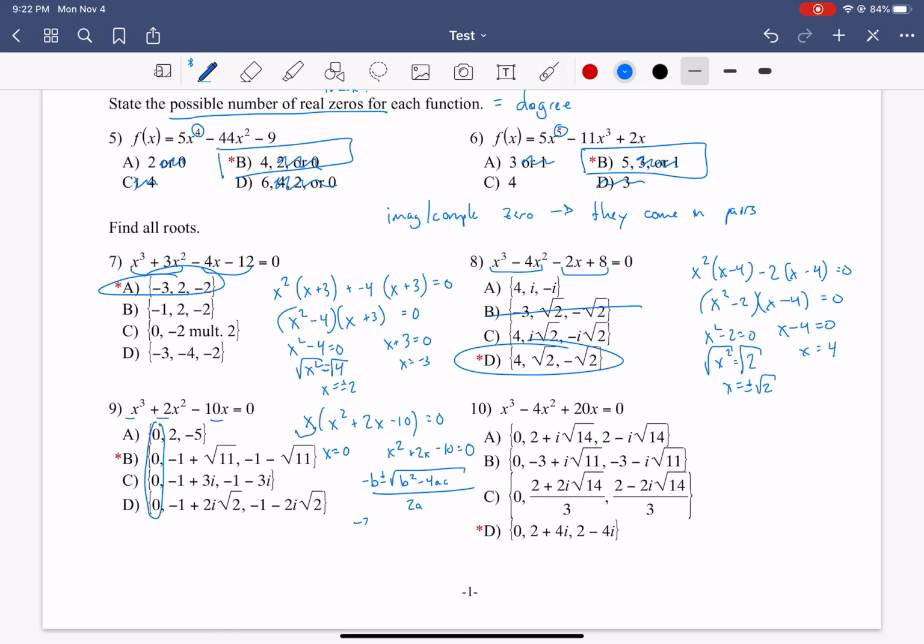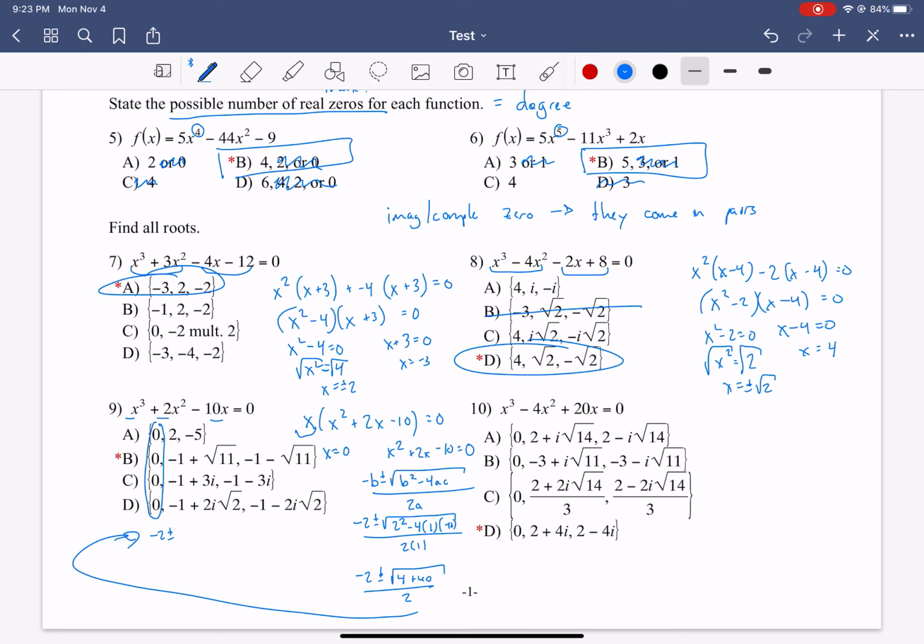So we do negative 2 plus or minus the square root of 2 squared minus 4 times 1 times negative 10, all over 2 times 1. So negative 2 plus or minus the square root of 4 plus 40, over 2. And I'm going to come all the way over here.